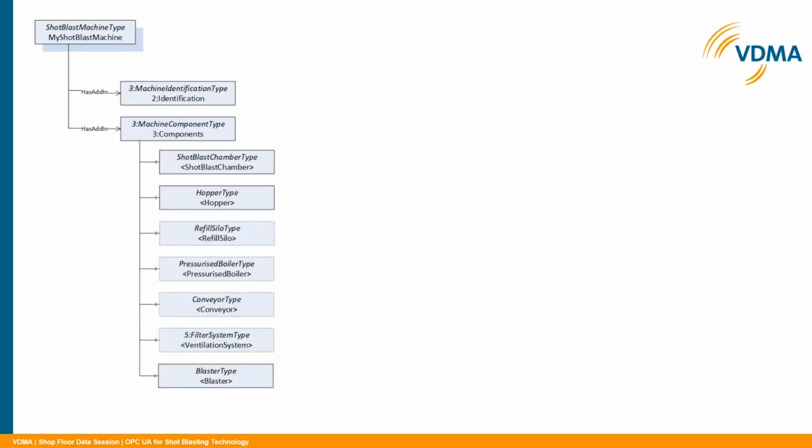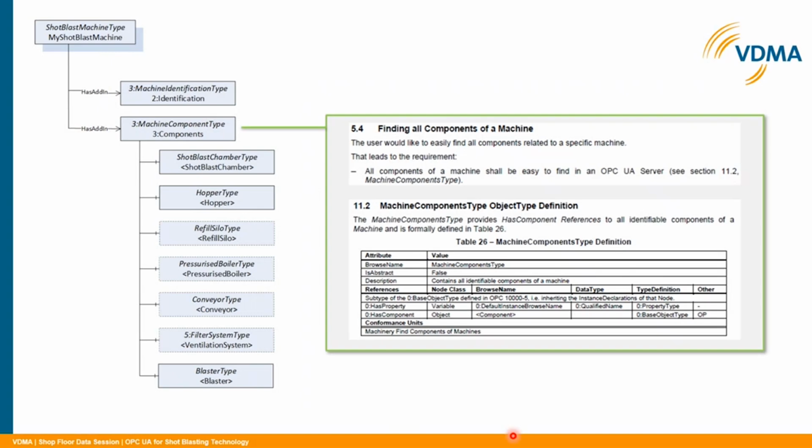Besides the identification building block, we also implemented the machine components type structure. And the machine components type structure is also a machinery building block for sorting the components of a machine. So inside of this object, you find all of our components that we are implementing in a shot blast machine.